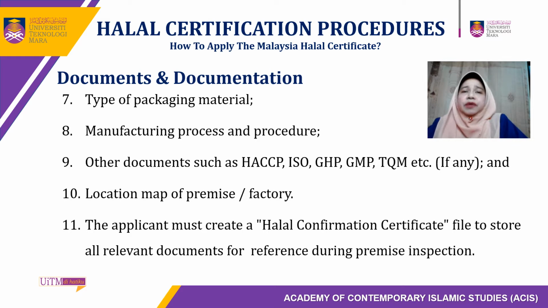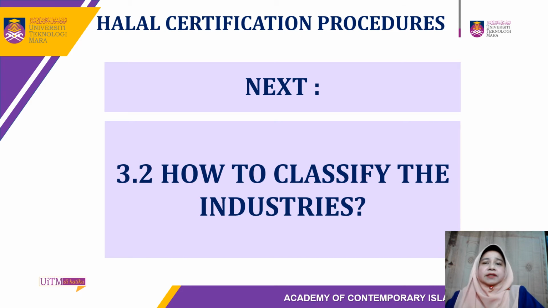Then you also need to provide the type of packaging material, manufacturing process and procedure, and other documents, and the location map of the premise or factory. The applicant must create a halal confirmation certificate file to store all relevant documents for reference.